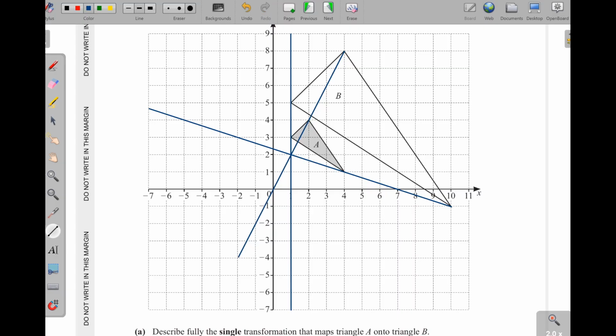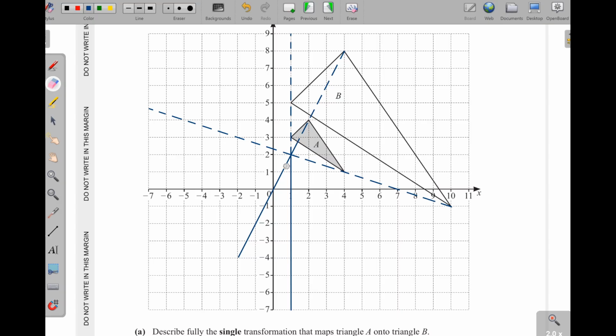Now, where these lines meet is the center of enlargement. Let me make these lines dotted so that they don't interfere with our diagram which was given, just to show that these are newly drawn.